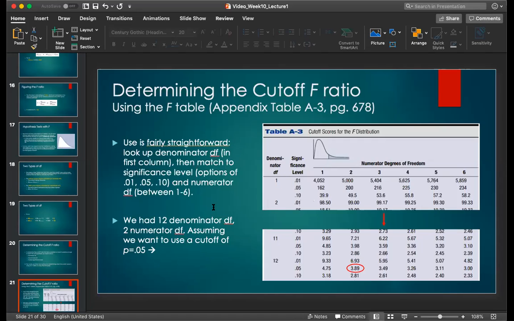So we had a 12 denominator, so we could read down through this column all the way to 12. And 2 numerator degrees of freedom, assuming we want to use a cutoff of 0.05. This should be our cutoff. An F of 3.89.